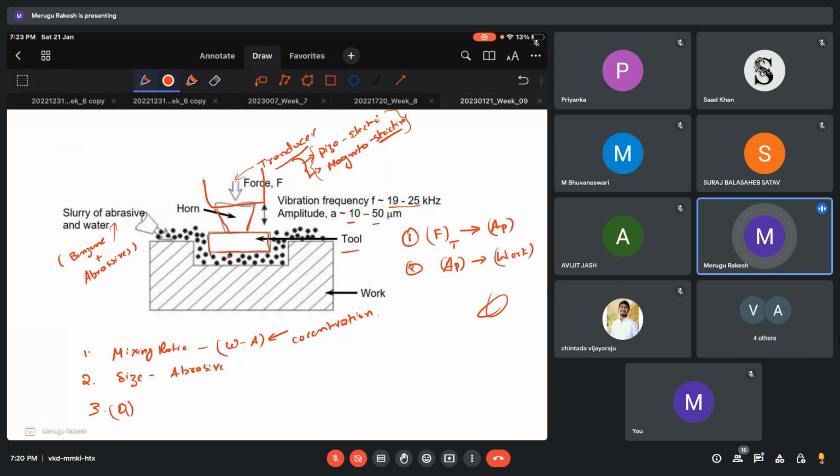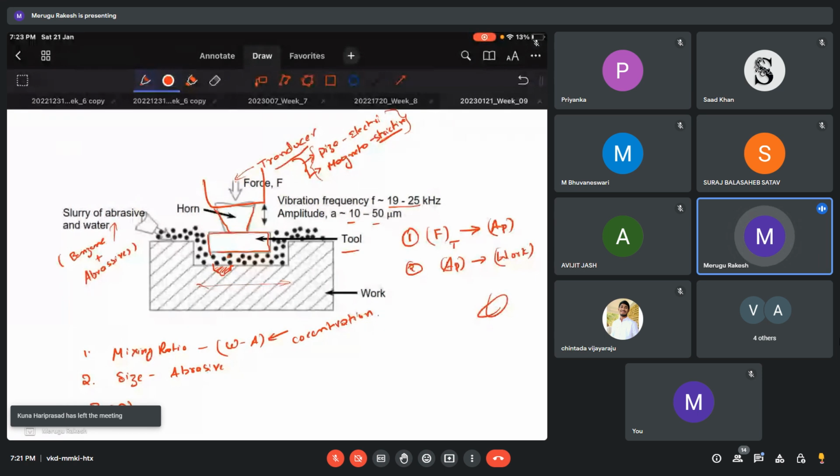These are the two processes that happen here. I think this is clearly intuitive. Then some small cracks form on the surface of the workpiece, and in progressive steps these cracks propagate and the surface gets removed. So this is the principle of operation of ultrasonic machining.